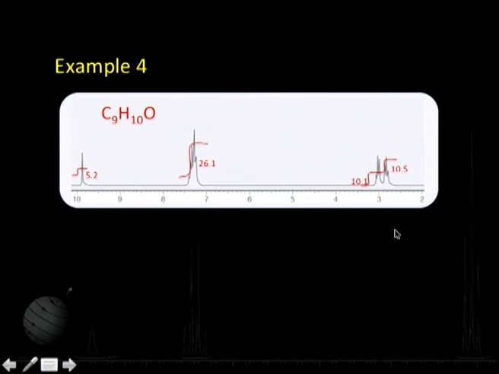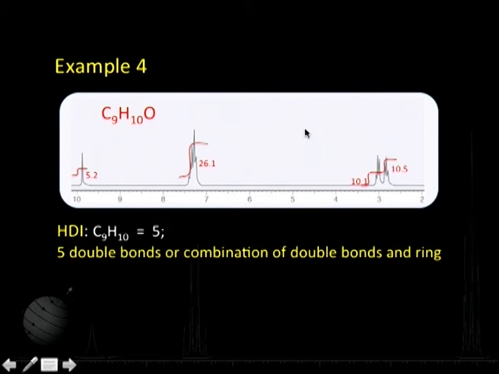Now, this example is slightly more involved. We are gradually building up the complexity of the molecules. This is C9H10O. Here, what you are seeing is 1, 2, 3, 4, so on the face of it there are about 4 different types of protons in the molecule. Let us go systematically and look at the HDI.